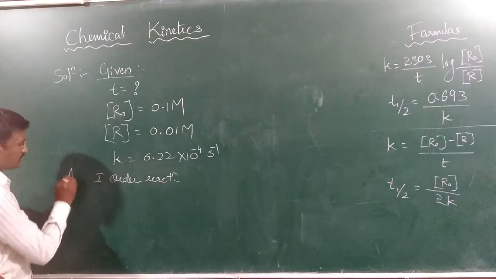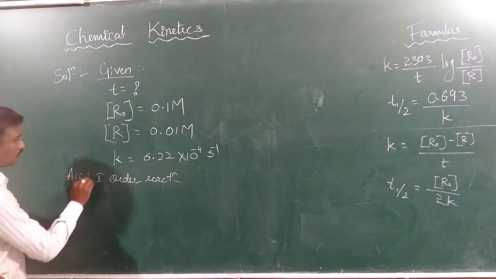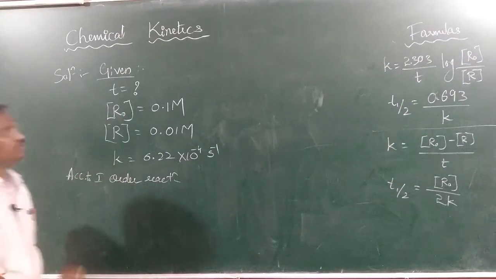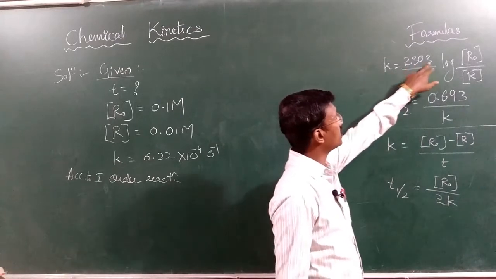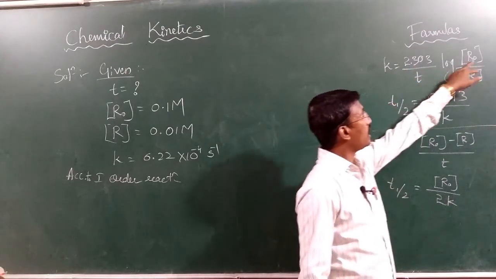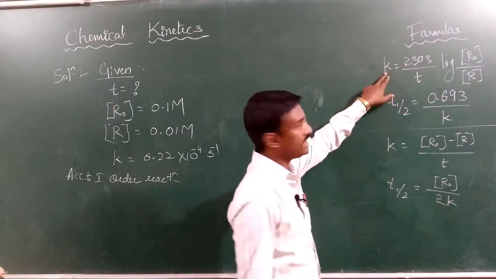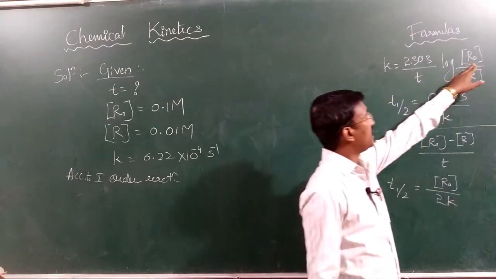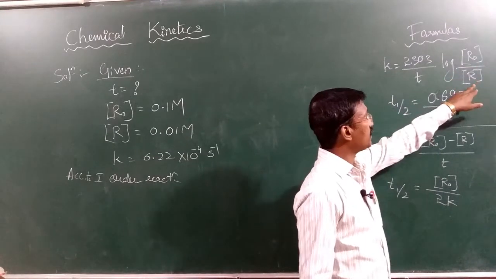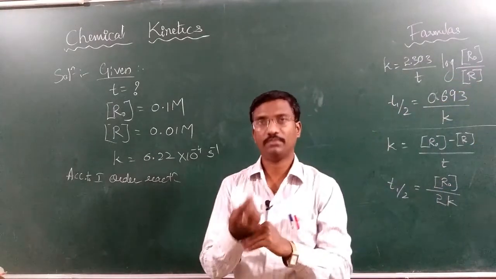According to the first order reaction, we know that the rate constant K is equal to 2.303 divided by t log R naught upon R. K they have given already, and t we need to calculate. R naught is the initial concentration, and R is the concentration after some time t.